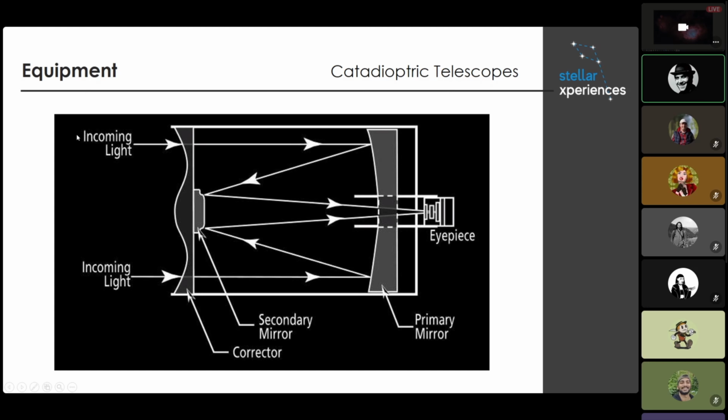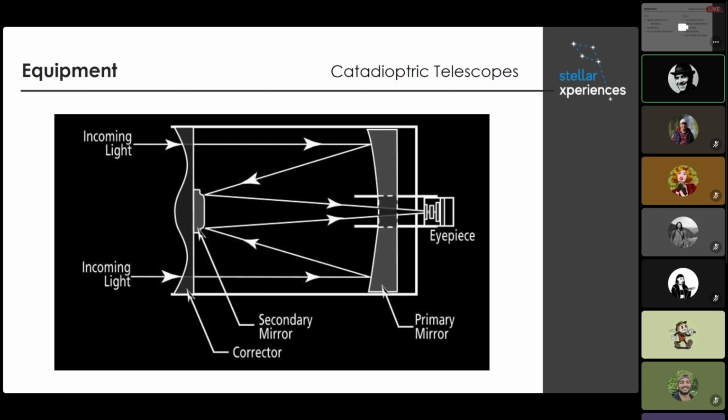This is the front side. As you remember, in the Newtonian or reflector telescopes, there's nothing here, but in this type of telescope, there is a corrector glass here. The light coming from the celestial object is corrected by the glass, and then it hits the primary mirror, and then there is a secondary mirror here, and the light reflects from the secondary mirror, and then goes to the eyepiece.